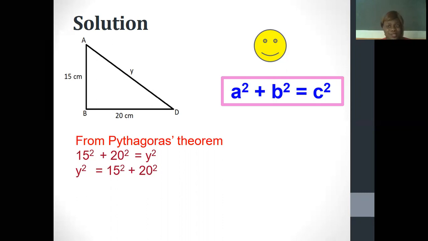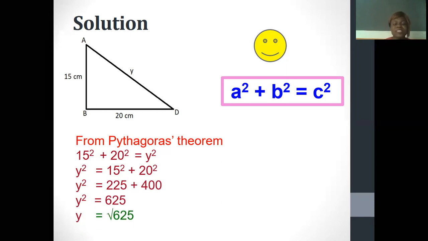Now remember our squares, 15 squared is 225 and 20 squared is 400. So remember that and try to learn as many squares as you can. So y squared now is 625, and then y automatically becomes the square root of 625. The square root of 625 is what? 25.